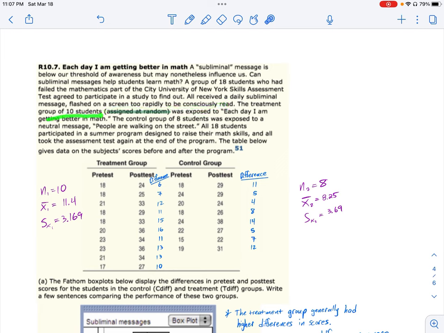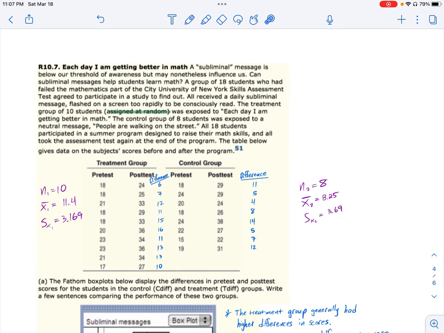Then there's a group of 10 kids at random that was exposed to each day I'm getting better at math. So there were 18 kids, 10 of them got this subliminal message. The 8 kids in the control group did not get that message.